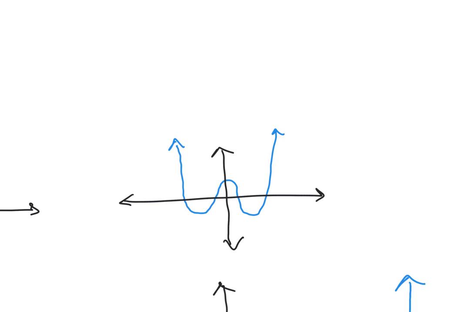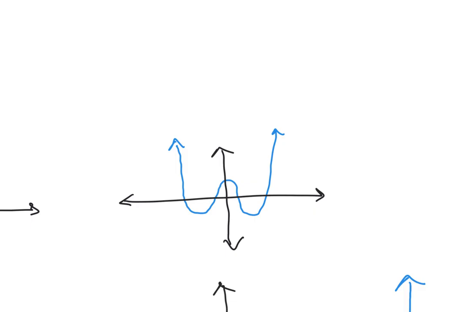The other thing that we have is turning points. For this particular configuration, we're going down and then back up, so there's one turning point. We're up and then back down, that's a second turning point. And then going down and back up, we have 3 turning points.